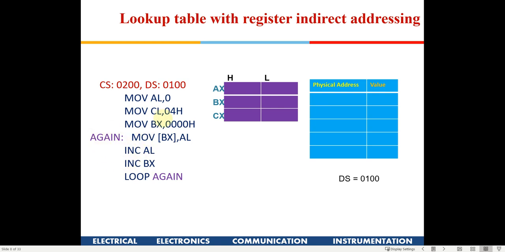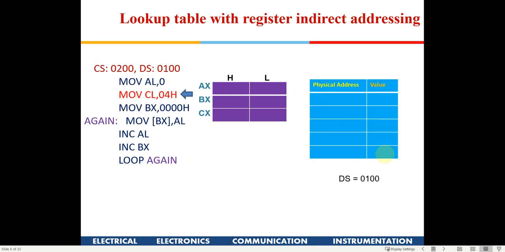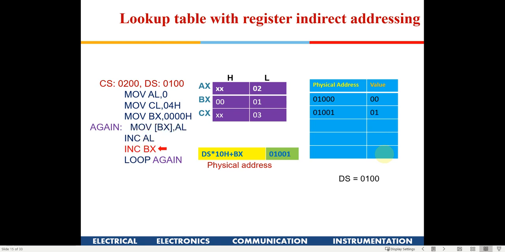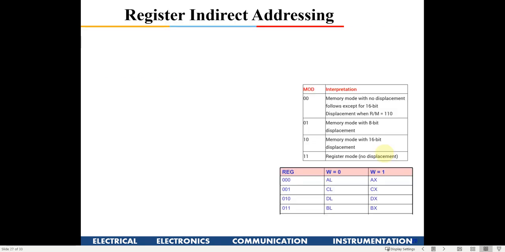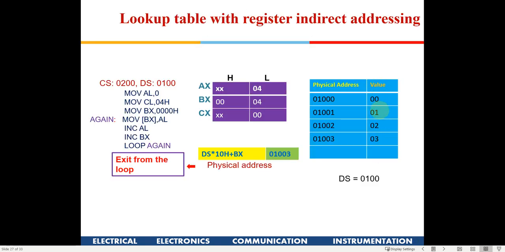This will run 4 times till cl is 0, and each time the values of al and bx will increase. So in consecutive physical addresses, the values 0 1 2 3 4 will be stored. If I run it, at the end I will have these values coming in like this. Okay?